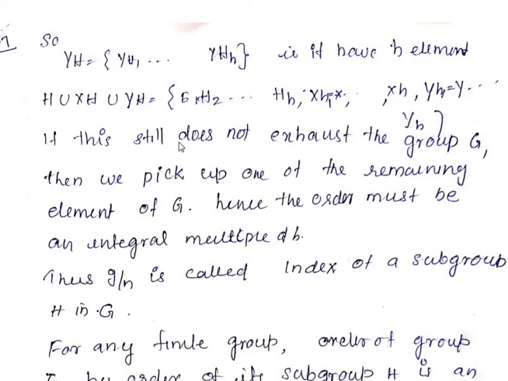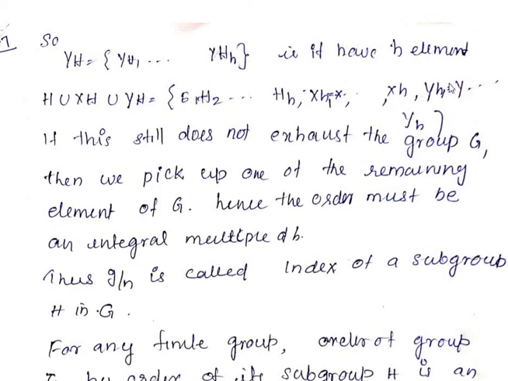If this still does not exhaust the group G, then we pick up one of the remaining elements of G and do the same procedure. Suppose another element is z, then zH1, zH2, etc. zHh. Anyway, the members of this union will give you G.